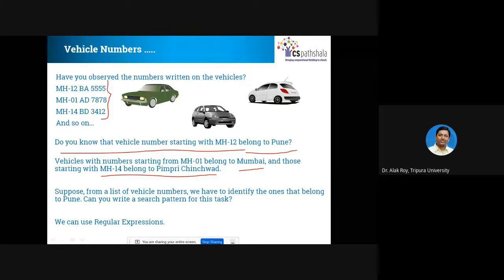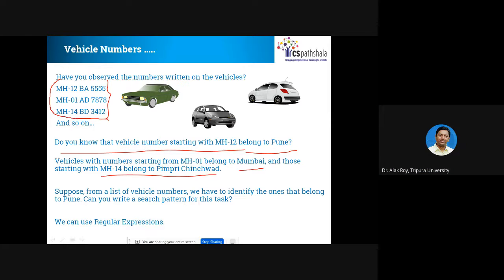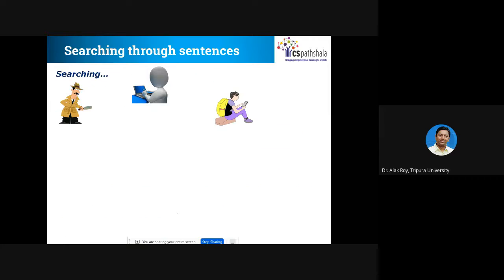Suppose from a list of vehicle numbers, we have to identify the ones that belong to Pune. Can you write a search pattern for this task? Among these three, whenever you find MH12, sorry, mistake from my side, whenever you find MH12, it will belong to Pune. So we can use regular expressions to find whenever 12, it is Pune.